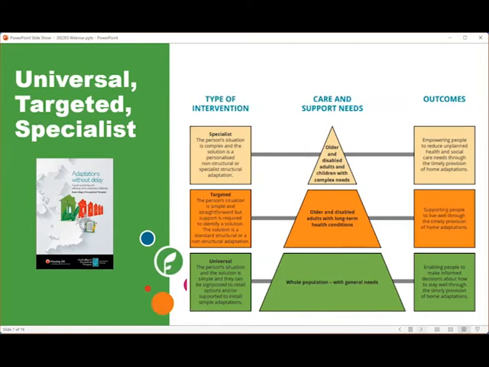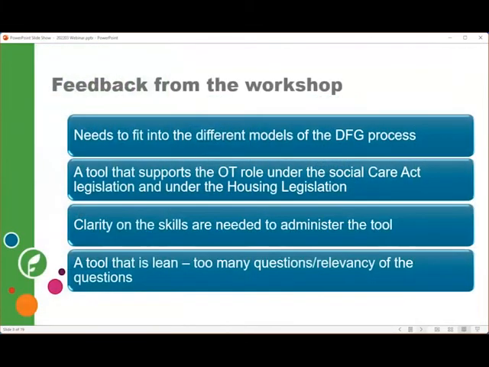That's how we've used the framework to think about what could be done through a self-supported assessment, through a trusted assessor model, and through a more targeted, specialist approach involving an occupational therapist.